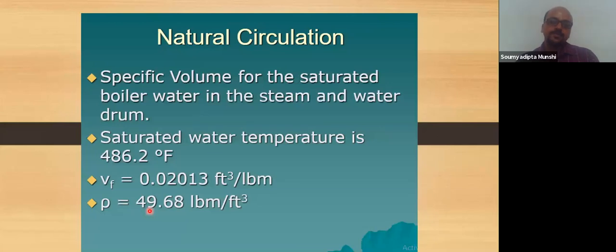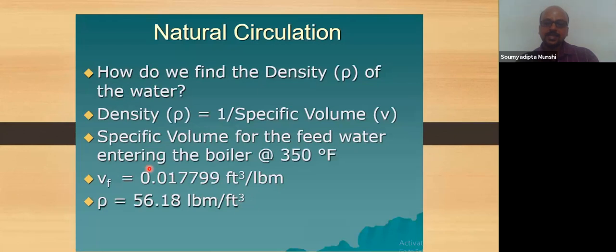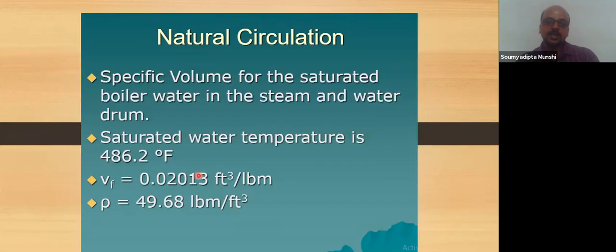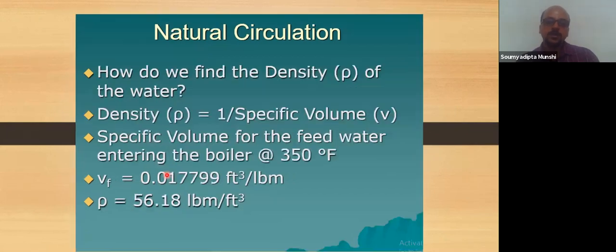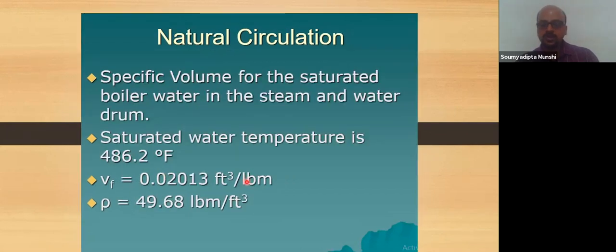Now when the water is converted to steam, the saturated water temperature is approximately 486.2 degrees Fahrenheit. At this temperature the specific volume of water is 0.02013.